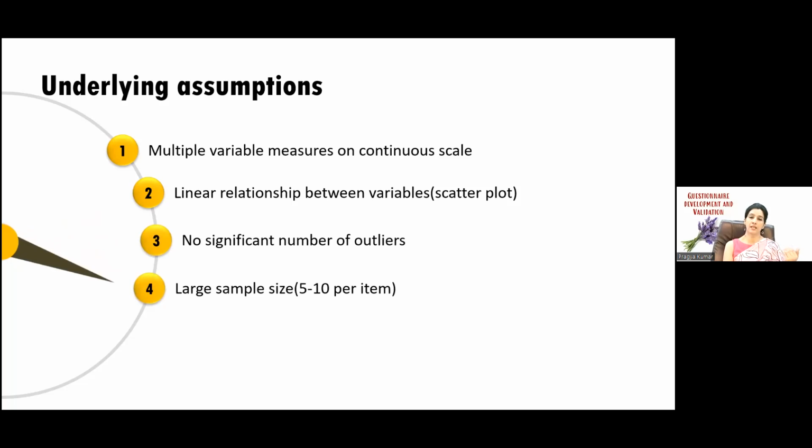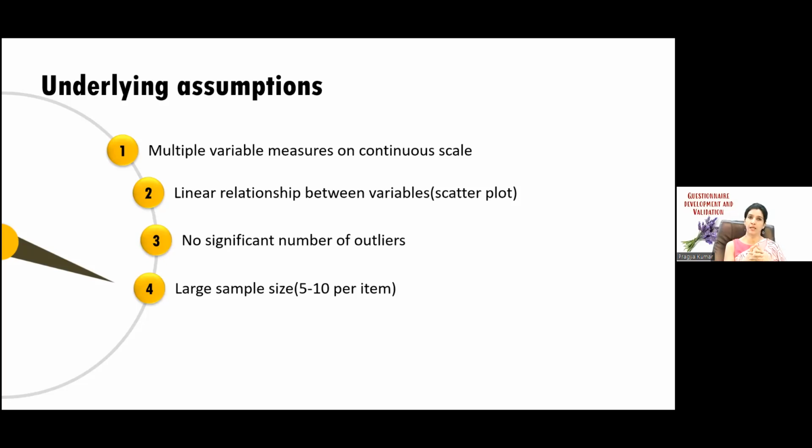And regarding the sample size, we have discussed yesterday that at least there should be 300 samples. And again, with the items, if there are 25 items, you can decide a number of samples per item. So if there are 25 items, and if you want to do an EFA, for EFA we say that 10 samples should be there per item.